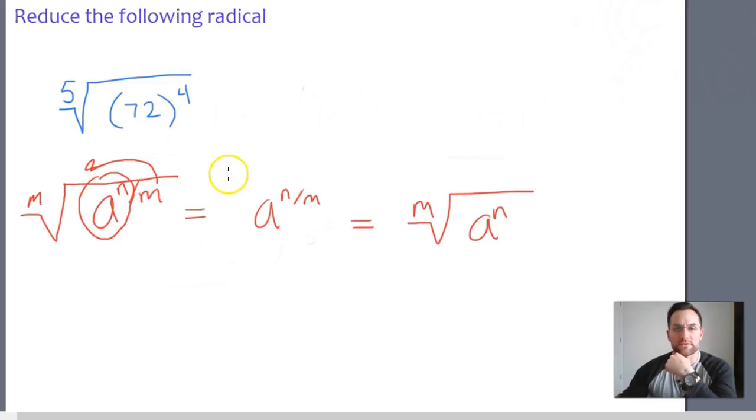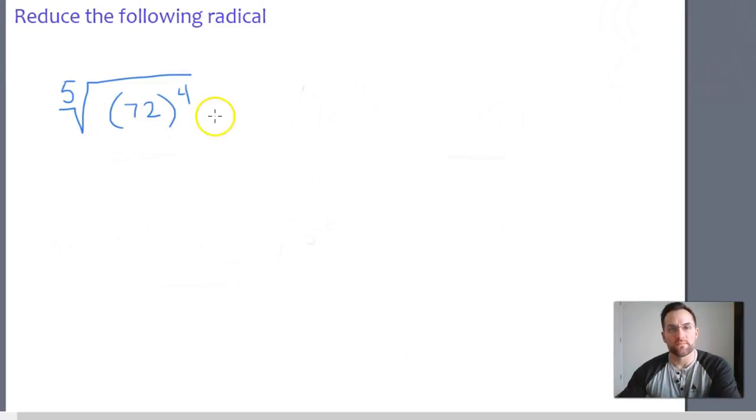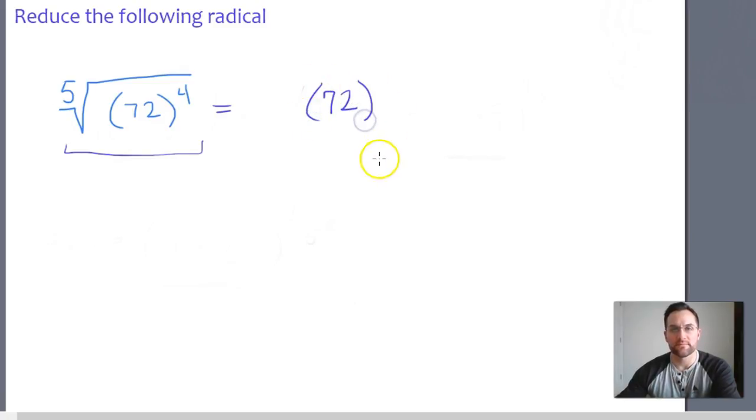Okay? So this is the important bit that we want to look at. So we can rewrite this problem right here, this radical, as 72 stays in parentheses, right? To the power of 4 over 5, right?